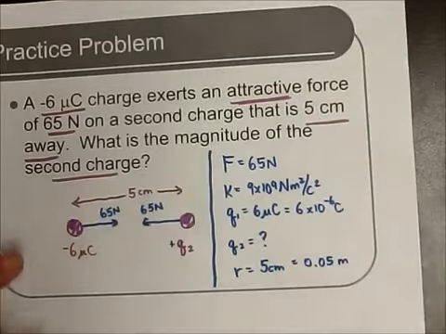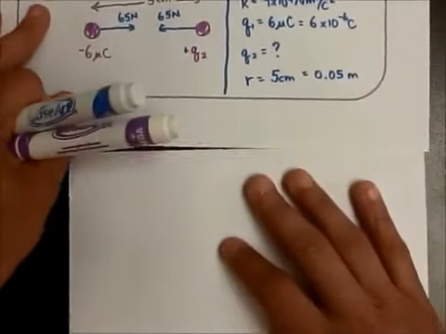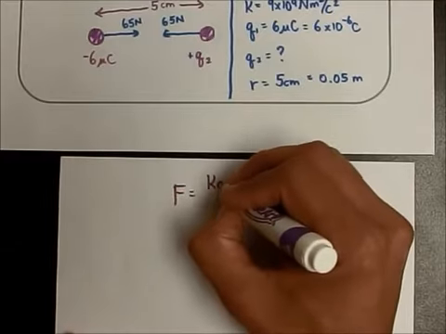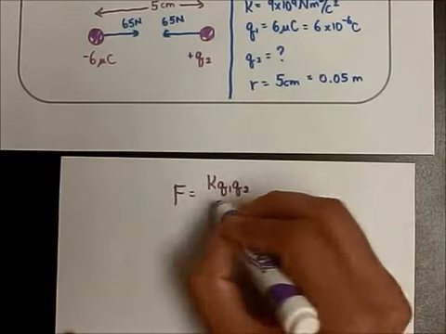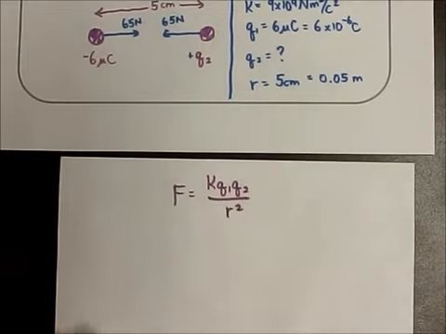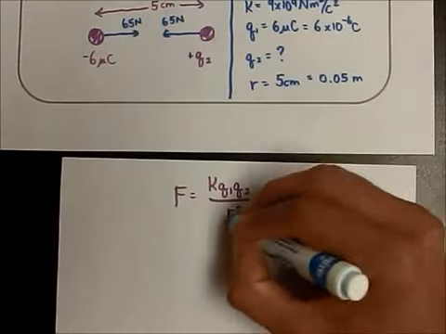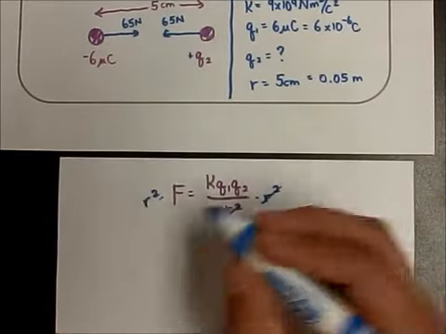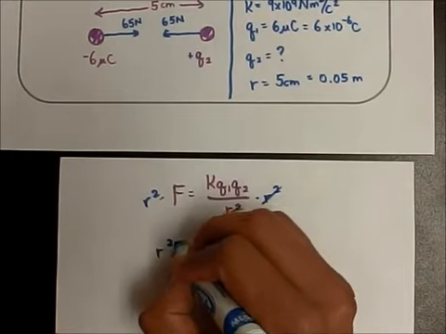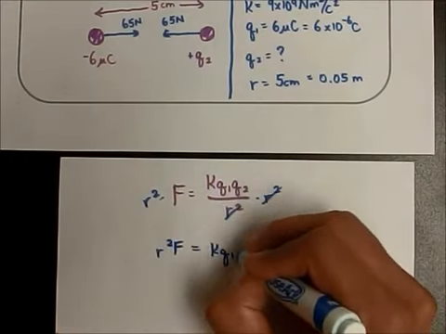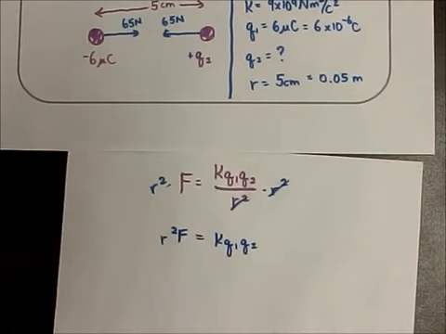Here's Coulomb's law, which helps us determine the force between charged objects. And we're trying to solve for Q2, so we're going to rearrange this equation to solve for Q2. First, multiply by r squared. So I have r squared times F equals K times Q1 times Q2.